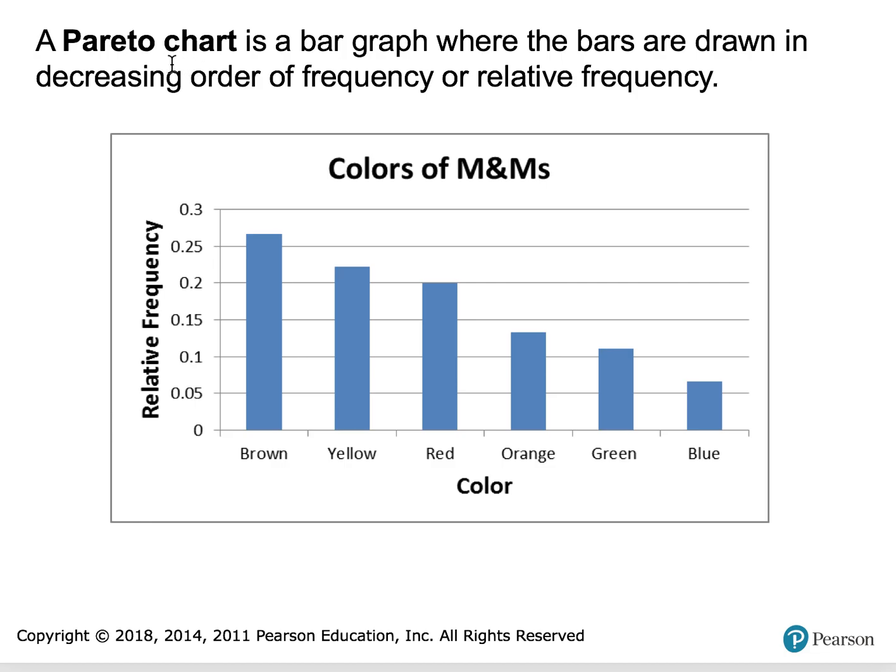So a Pareto chart is a bar graph where the bars are drawn in decreasing order of frequency or relative frequency, right? That order would be the same. So here's the relative frequency bar chart as a Pareto chart. Okay, and the only difference was these two got swapped, right?